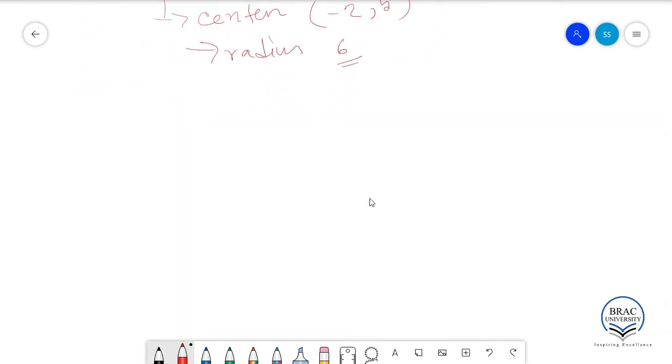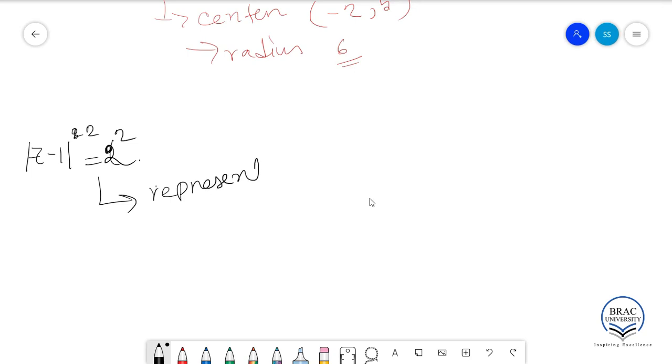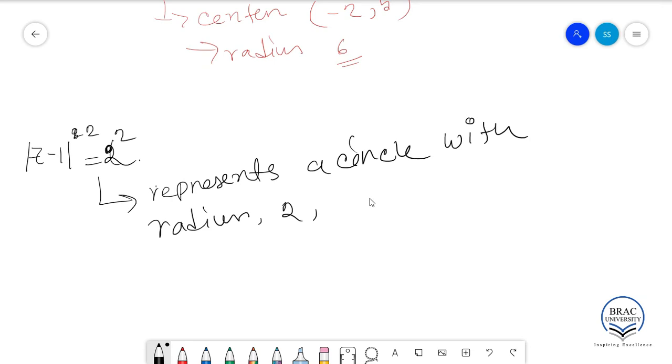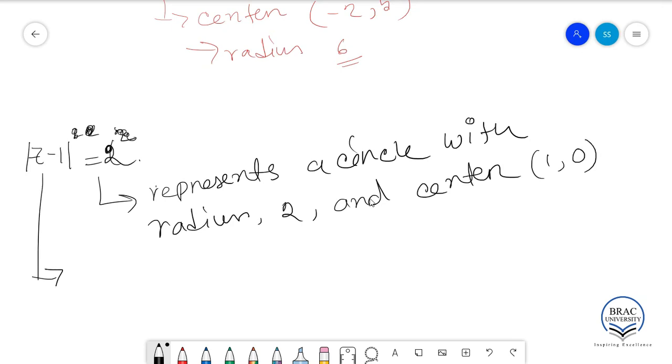So this actually represents a circle with radius 2 and center 1, 0, because this actually gave us the equation for the circle like this, right?